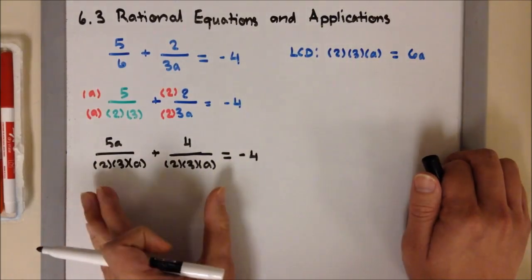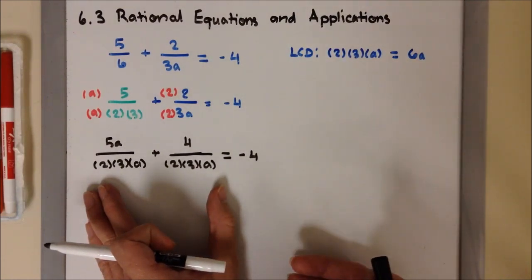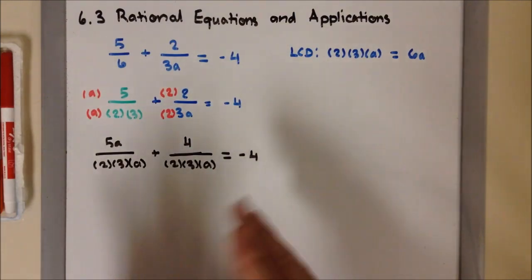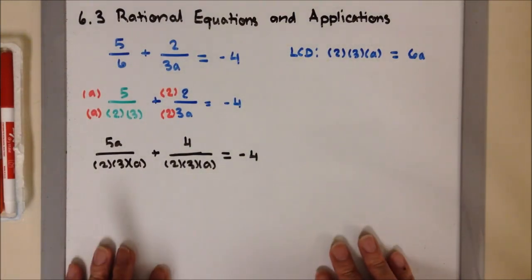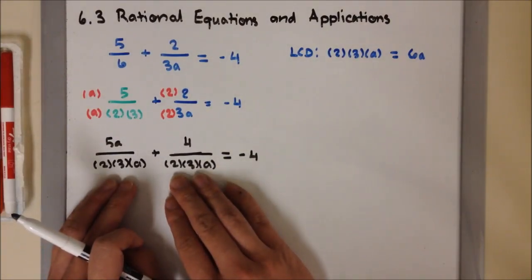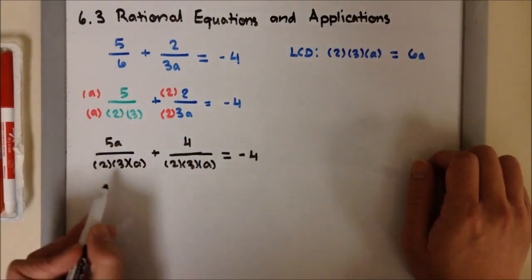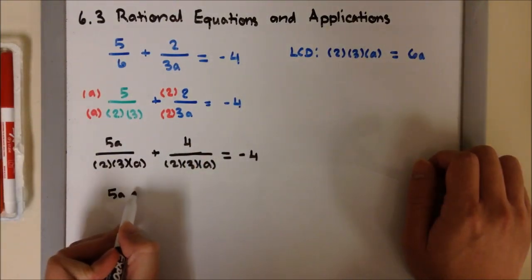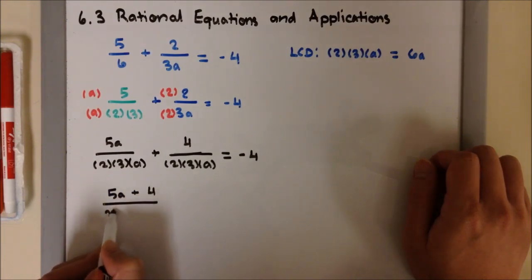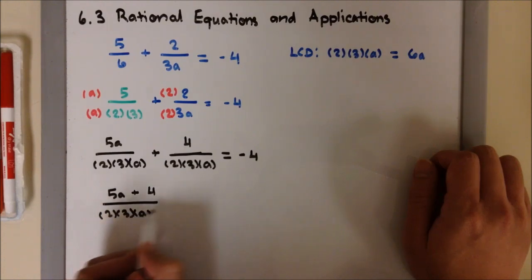The reason I wrote it like this is a preview of the final examples we're going to work on next. It looks complicated, but the patterns are all the same. Once these two fractions have the same denominator, with a 2, a 3, and an a, we can combine them as one fraction. So it's going to be 5a plus 4 over 2 times 3 times a equals negative 4.